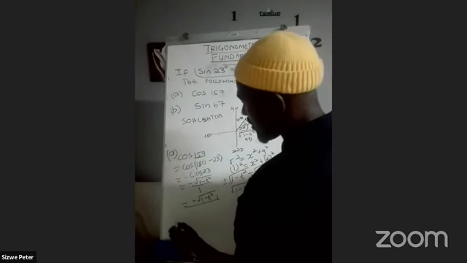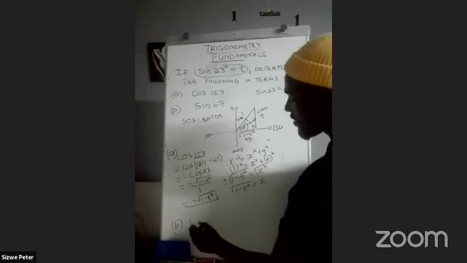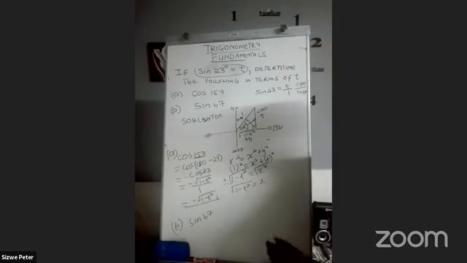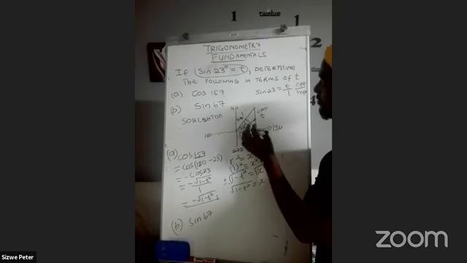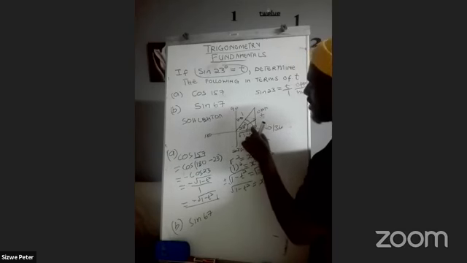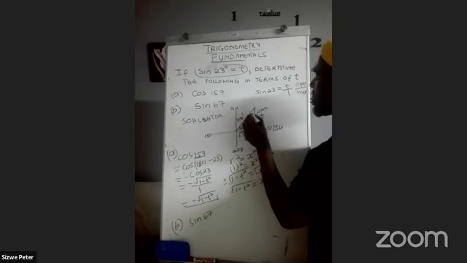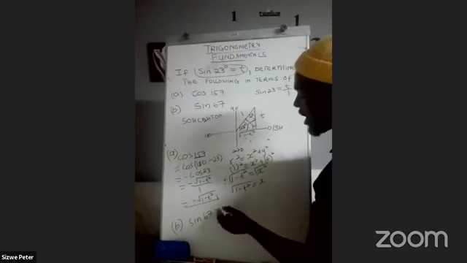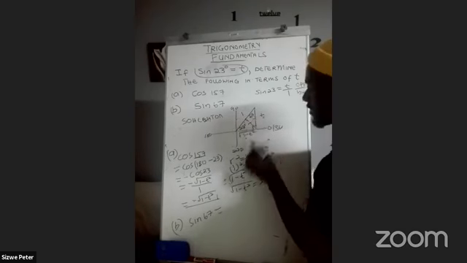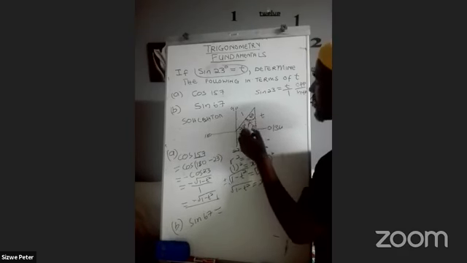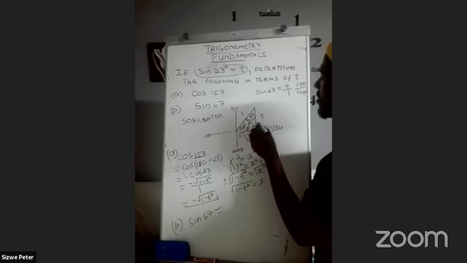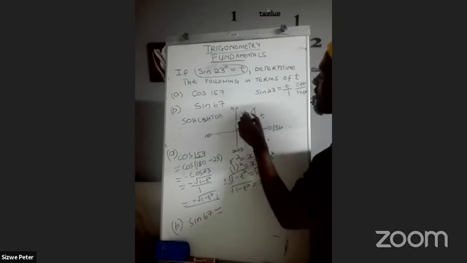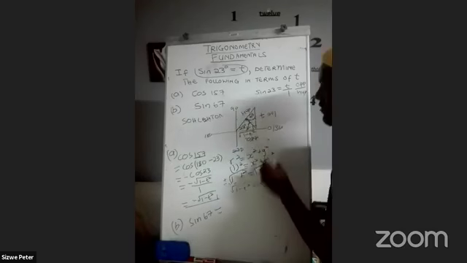Okay, B. What is sine 67? If this is 90 and this is 23, that means this is 67, because angles of a triangle add up to 180. Now circle 67. Here is the opposite, that is the hypotenuse, and this is adjacent.